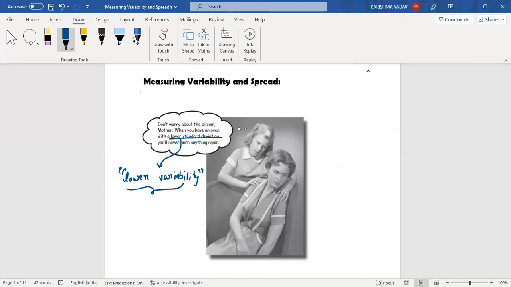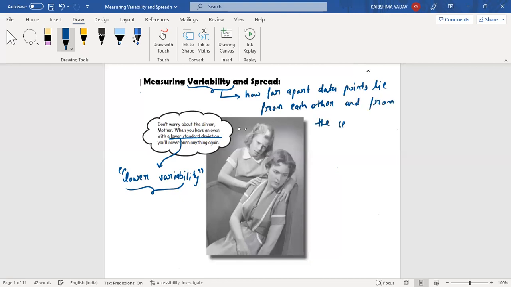So what does this term variability actually mean? If we define it in statistical terms, then variability describes how far apart data points lie from each other and from the center of the distribution.